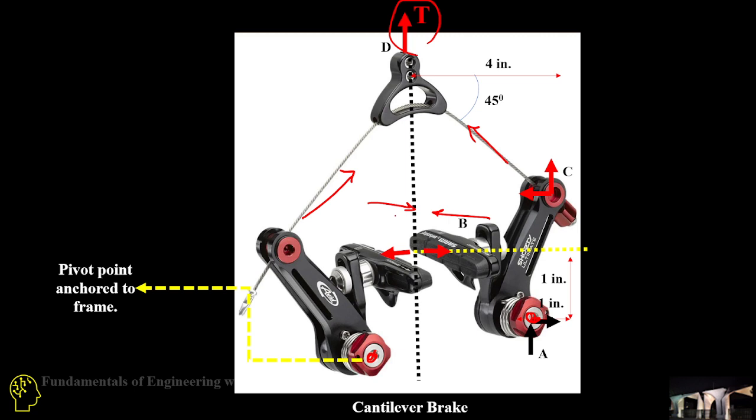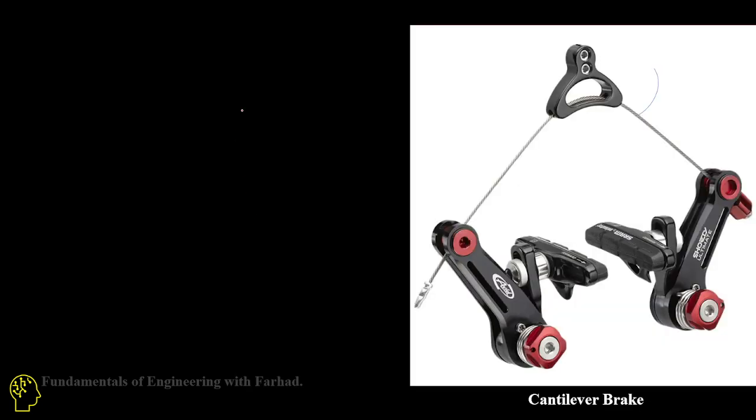Based on Newton's law, the same amount of force in the other direction applies to the pad itself. So this force is applied to the tire and stops it from moving, and the same force is applied to the pads in the other direction.